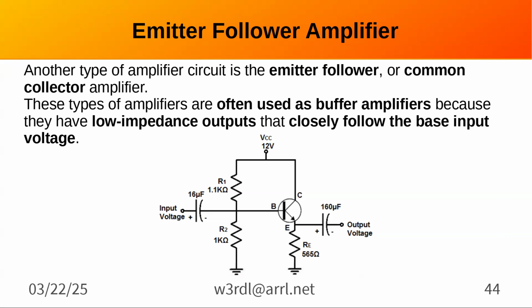And for isolation as a buffer, like usually an oscillator, which doesn't have much drive at all, without affecting the frequency, you use something like an emitter follower to isolate that from the next stage. It's pretty straightforward circuit. You essentially put your load resistor in the emitter as opposed to putting it on the collector and take your output down there.